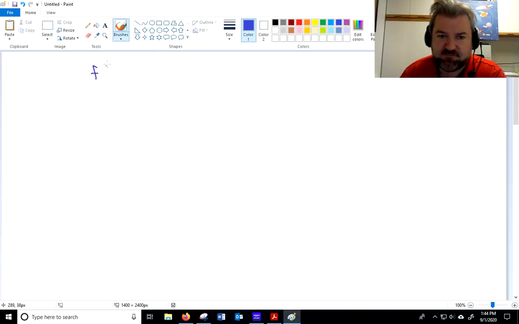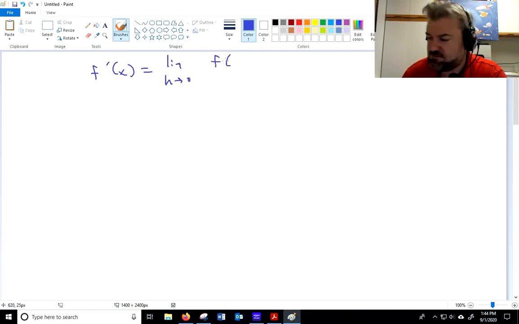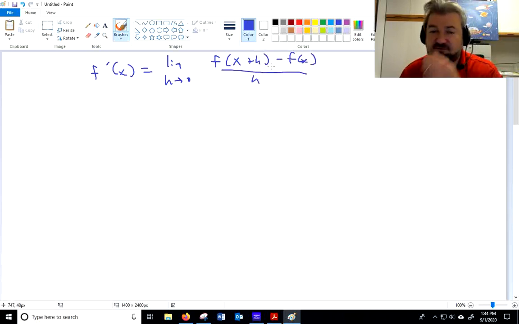So f prime of x is equal to the limit as h goes to 0 of f of x plus h minus f of x all over h. So since I'm finding an equation, don't be surprised to have x left over in our answer. In fact, we expect to most times.